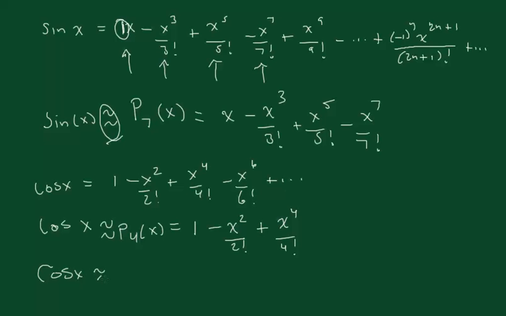If I ask you for a fifth degree polynomial, well, it looks like this, x to the fourth over 4 factorial. But the fifth order, which is going to be the sine of x at 0, is 0. There is no term here, plus 0.